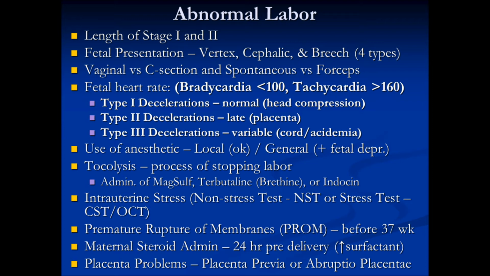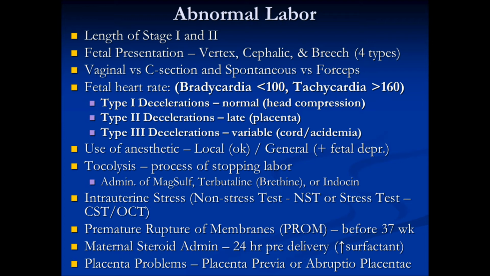So although it is still on the market, we still use it, it is still listed, it is not the go-to drug when we are trying to stop the process of labor, because we know that it has those adverse fetal effects associated with it.